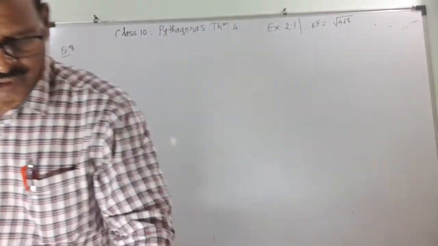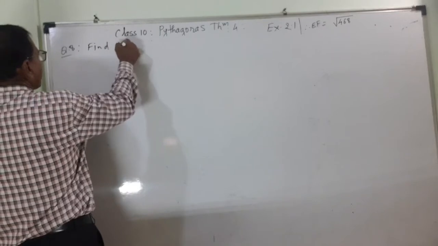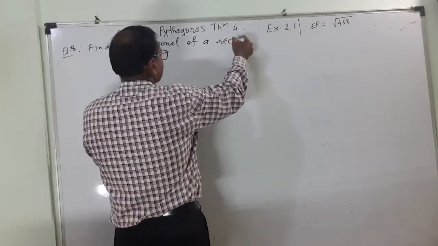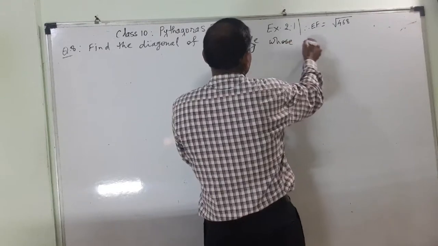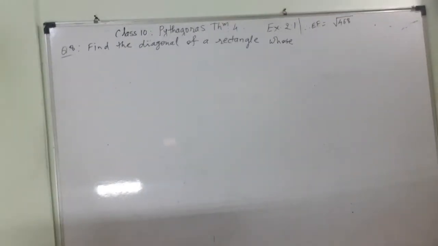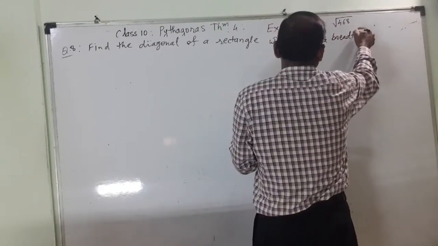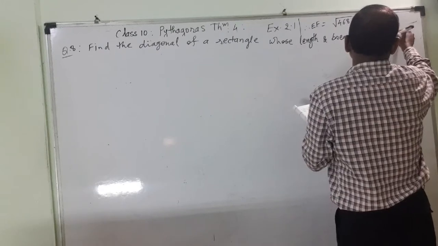In question 8, find the diagonal of a rectangle whose length and breadth is 35 cm and 12 cm.